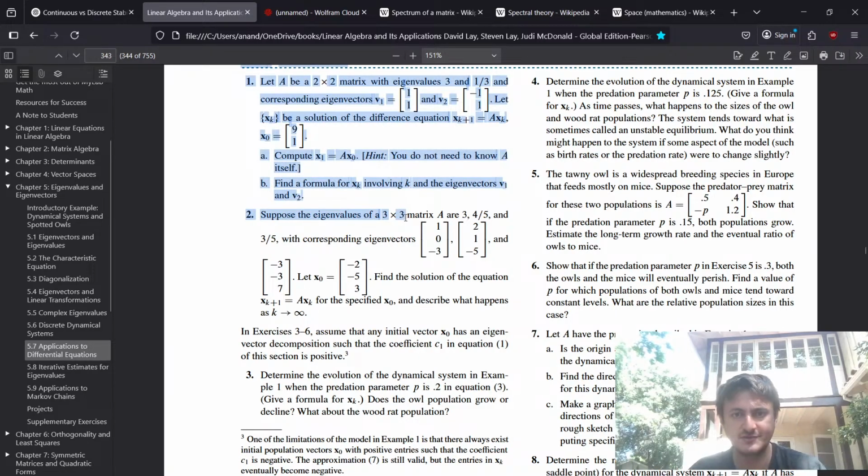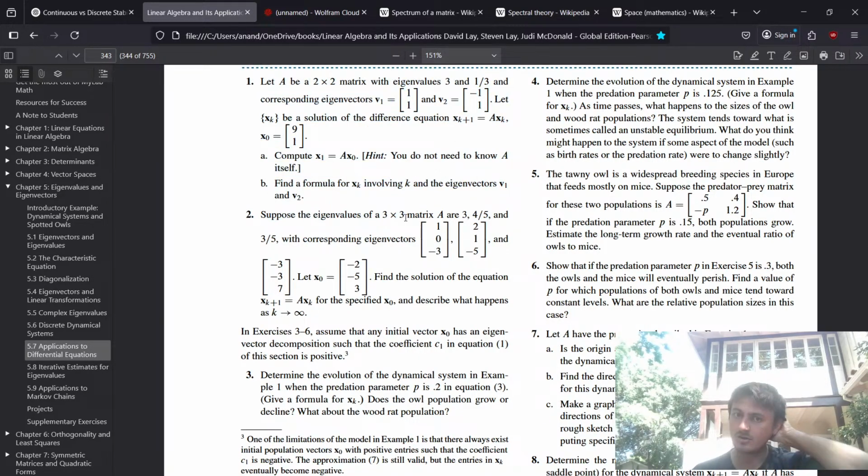Suppose the eigenvalues of a 3x3 matrix are 3, 4/5 and 3/5.